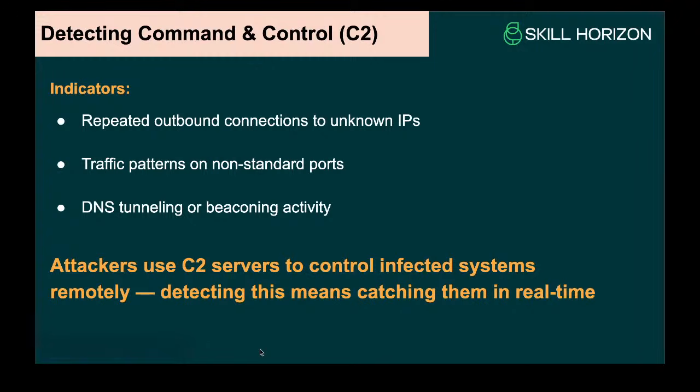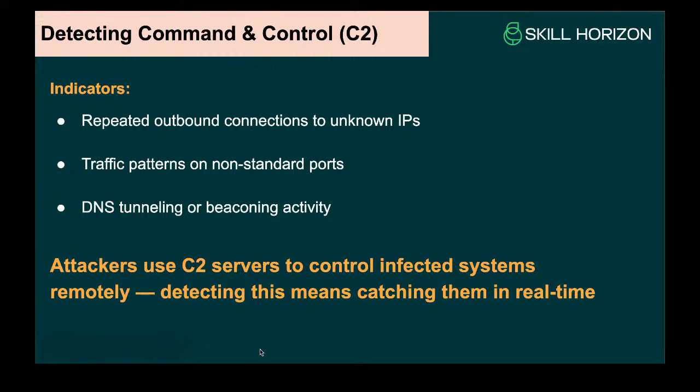So you might see one IP, or IPs changing every few seconds. As a SOC analyst, you have to look for repetitive outbound requests to unknown IPs, DNS tunneling, or non-standard ports, right? The attacker is using C2 servers, command and control servers, to control the infected systems remotely.